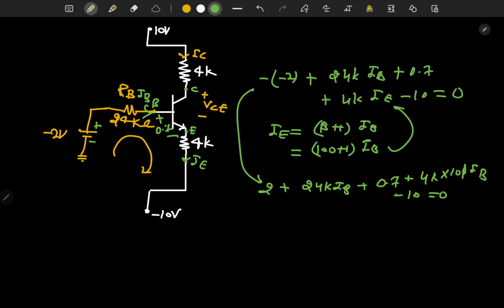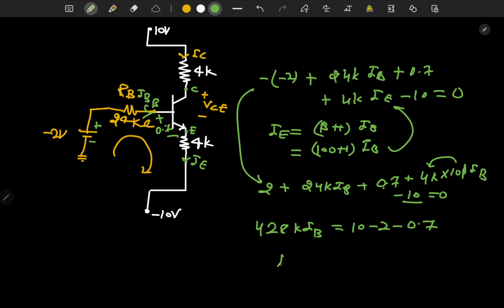Now keep minus 10, 0.7 and 2 on the right side, and 101 into 4 is 404, plus 24 gives 428k times IB, equals 10 minus 2 minus 0.7.